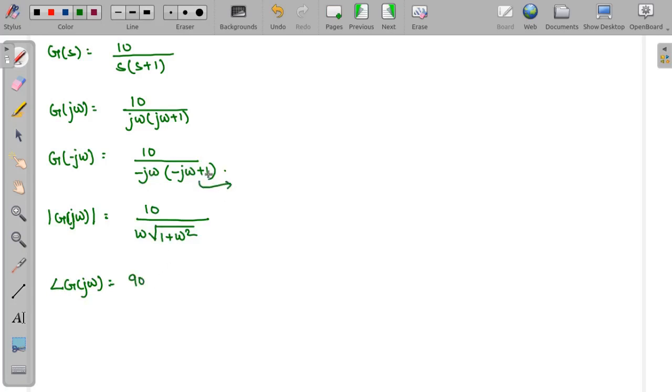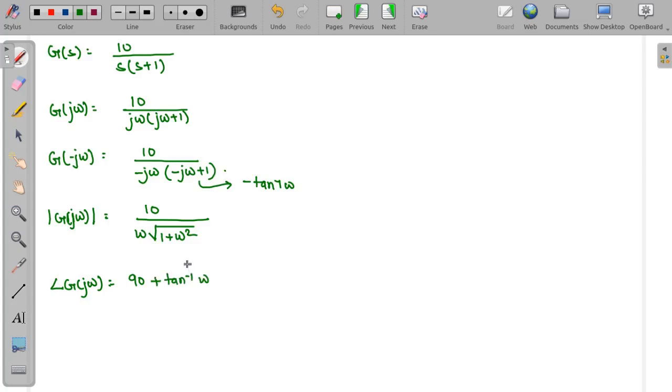And this point 1 minus j omega, this lies in which quadrant? You can see it will lie in your 4th quadrant. So here it is actually minus tan inverse of omega, but when this goes in the numerator, it will be plus. So this will be 90 plus tan inverse of omega. Okay, 90 plus tan inverse of omega.